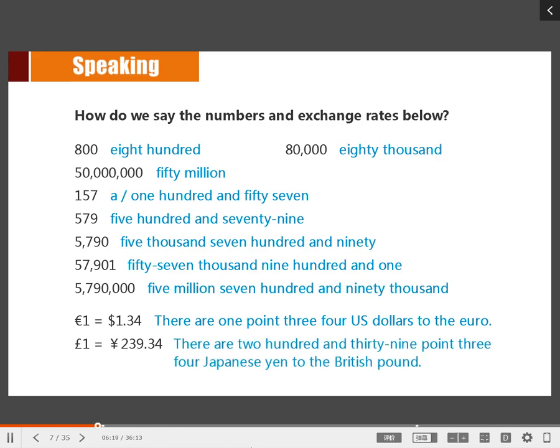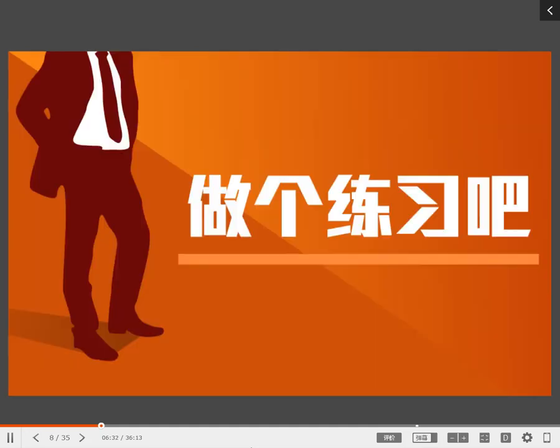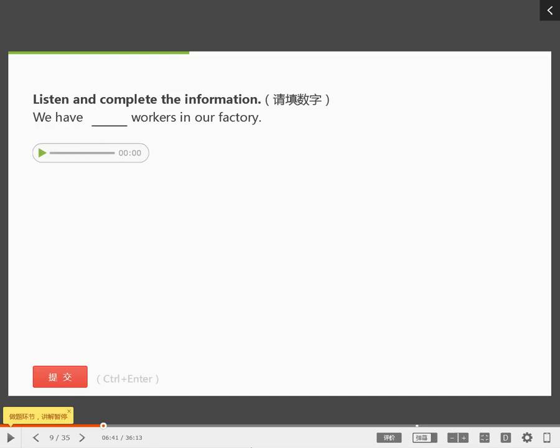There are 239.34 Japanese yen to the British pound. 一起来做个小练习吧。 We have 855 workers in our factory.